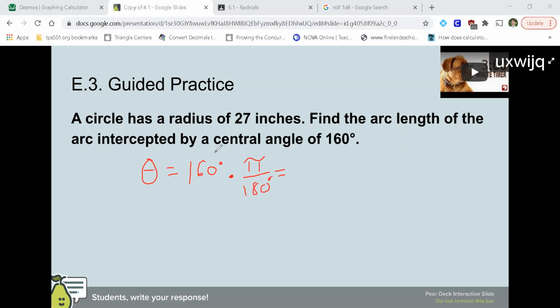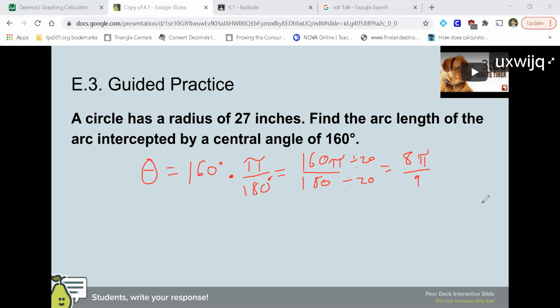Okay. And what does that reduce to? Both are divisible by 20, so that gives us 8 over 9.